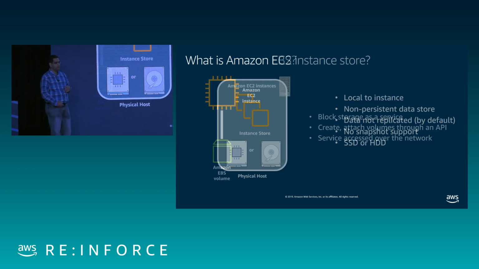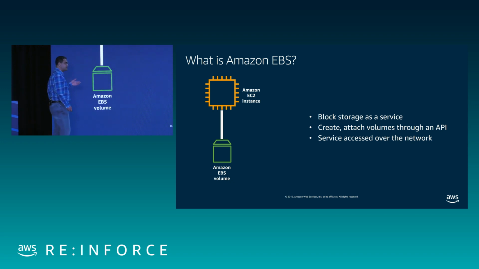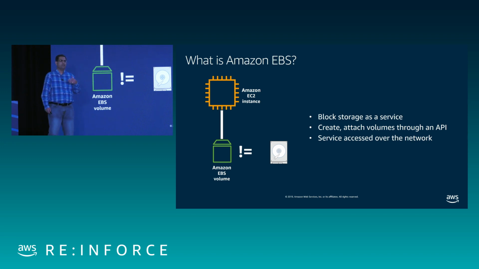we are doing there. So then EBS is block storage as a service. The difference, as an example, with instance storage is this is storage across a network. So it's a service that is accessed across the network. You can attach and detach and create and delete volumes all through an API. The important thing to note is EBS is not a hard disk drive, right?